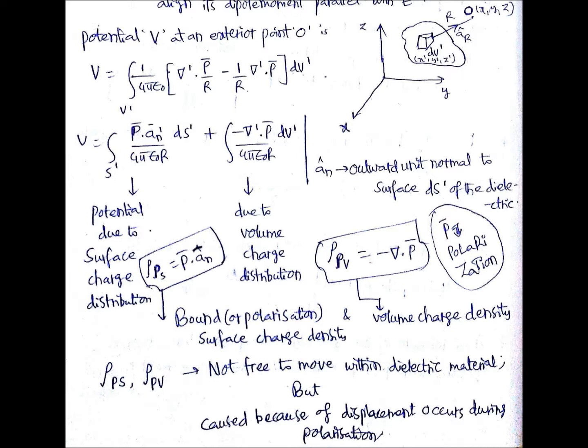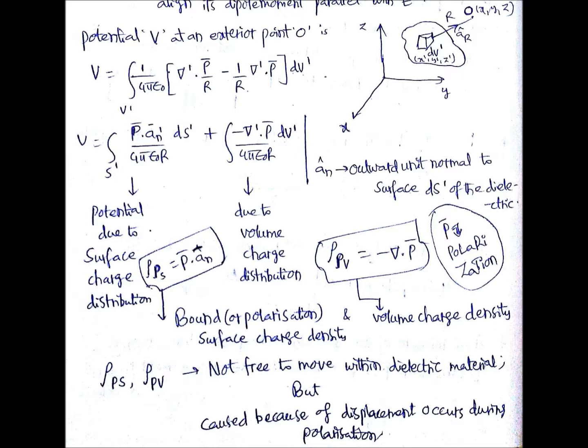The first term is the potential due to surface charge distribution, that is rho s equals p bar dot an bar, and the second term is due to volume charge distribution, that is rho v equals minus divergence of p bar.